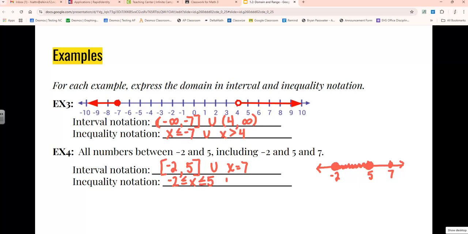And we're just going to do the same thing here, union x equals 7. Okay, questions? All right.